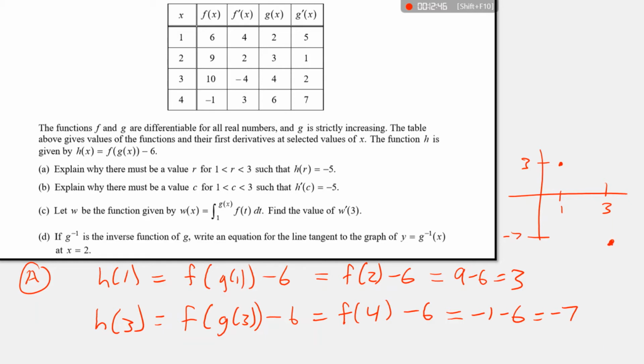So what theorem could I use to prove that we have to pass through the point negative 5 at some point between them? Mean value theorem. So mean value theorem would prove a slope. Mean value theorem says the derivative at some point must be equal to the average slope between 2 points. But I'm just looking at y values.